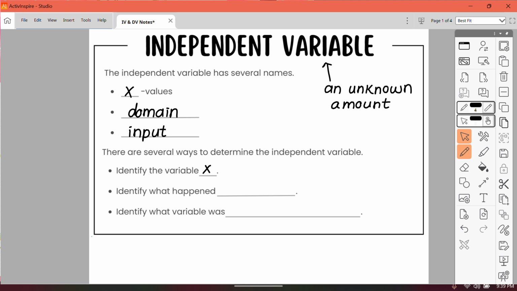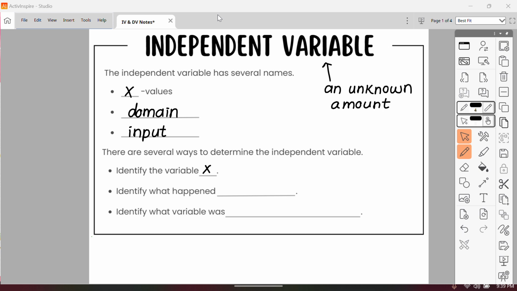Or whatever variable is in its place, which I will show you an example of, but sometimes an equation will be written with two variables that aren't y or x, but one of them is in the place where y usually goes, and one of them is in the place where x usually goes. Wherever the x usually is, that's your independent variable, and we'll show you one like that.